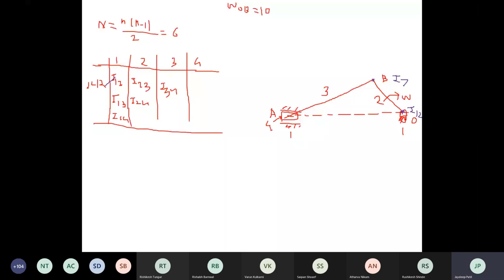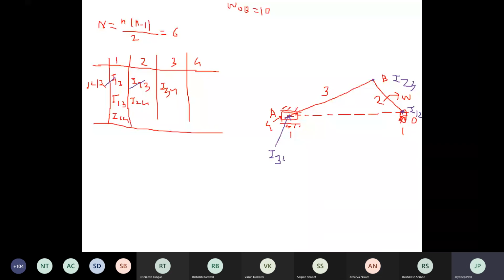Then at A, here is point A, I mark it here and extend it. Now at this point, which ICR will you get? I 3 4, correct. Third link and slider are connected.